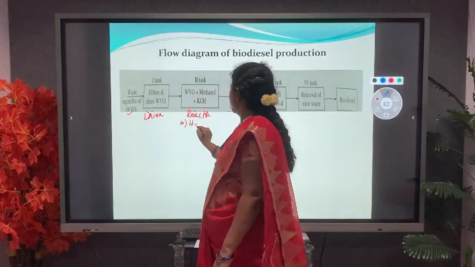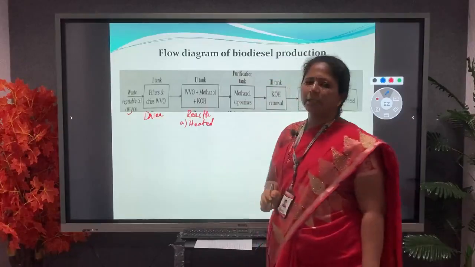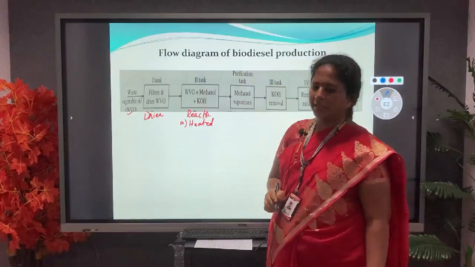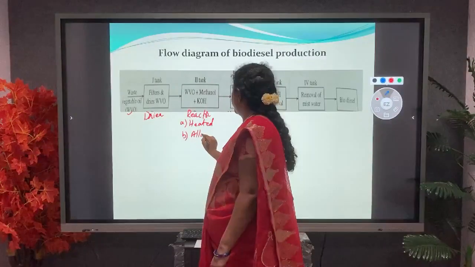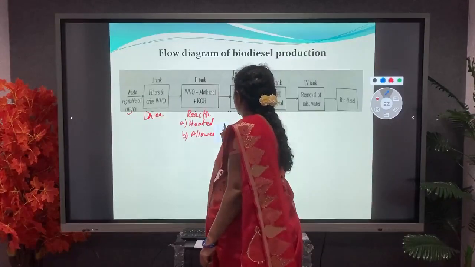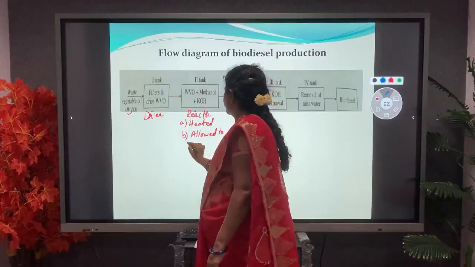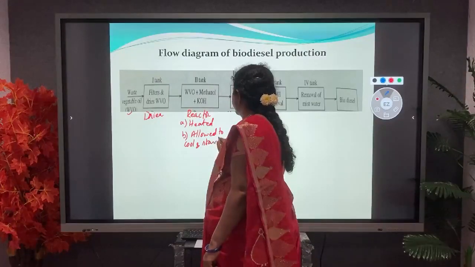First the mixture will be heated, that means waste vegetable oil, methanol and potassium hydroxide are heated. Next they are allowed to cool and stand for a night.